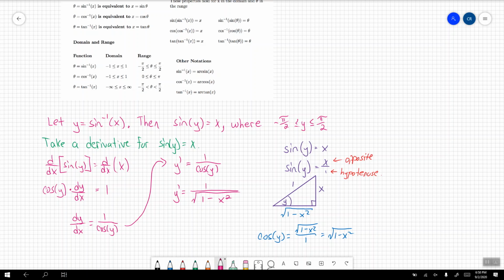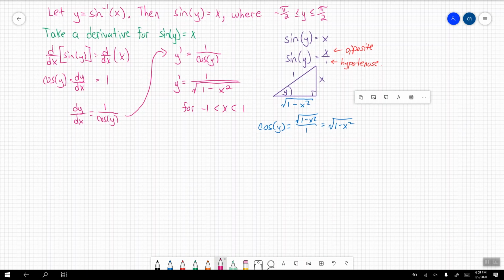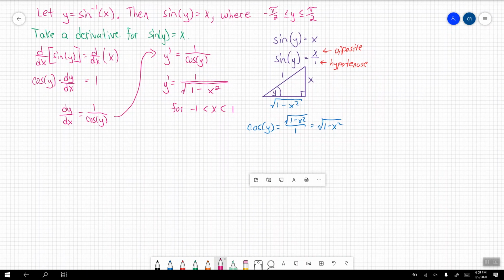Now, there is a restriction here. The restriction is going to be these x values. So I'm just really quickly going to say this is going to work for the x values that exist between -1 and 1. Okay, so that's an important aspect that we need.